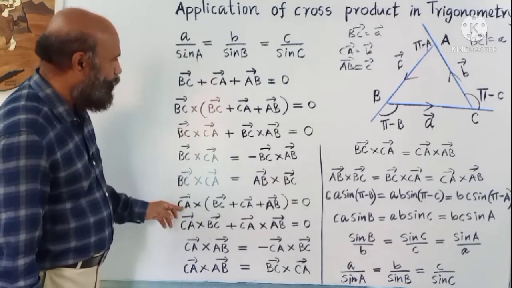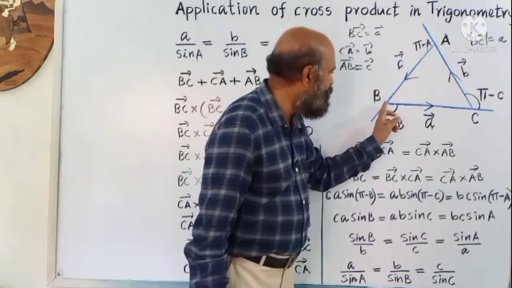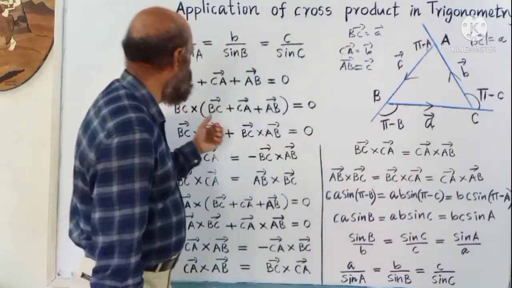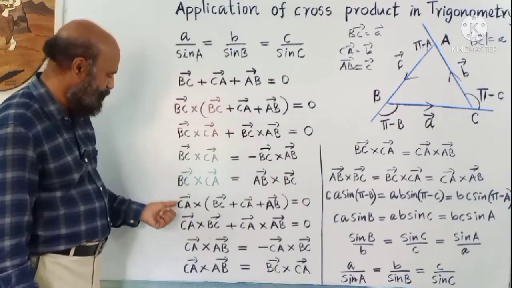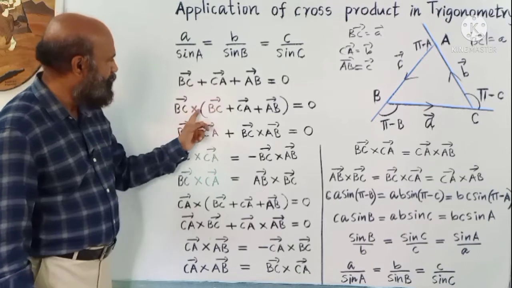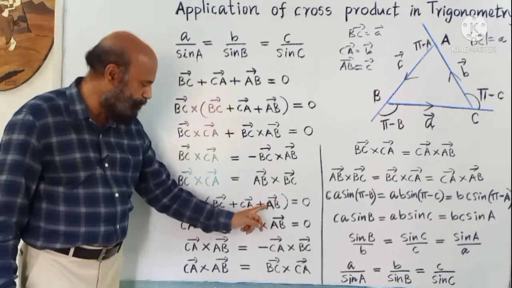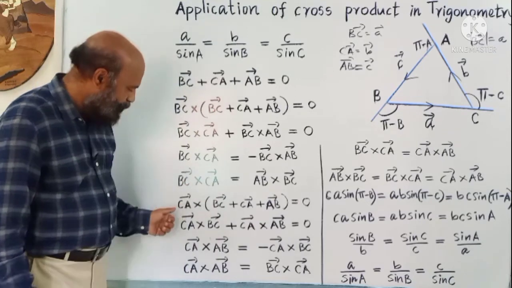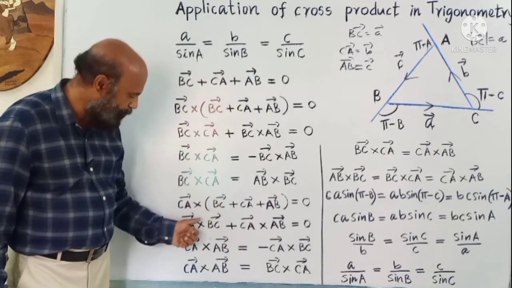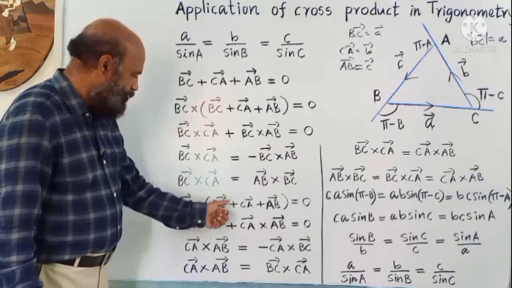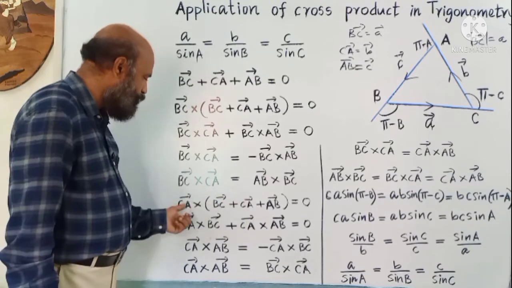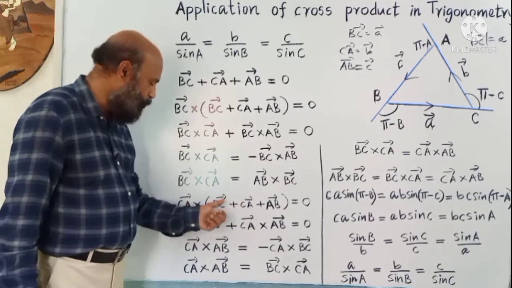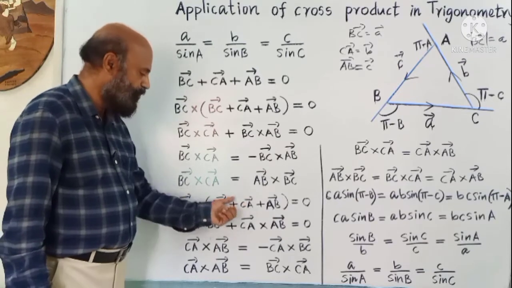Next you take the cross product with CA. First you have taken with the BC, next you take with the CA vector. CA cross the bracket BC plus CA plus AB is equal to 0. Now you remove the bracket. CA vector cross BC. Next, CA vector cross CA vector will be 0, because the vectors are equal.